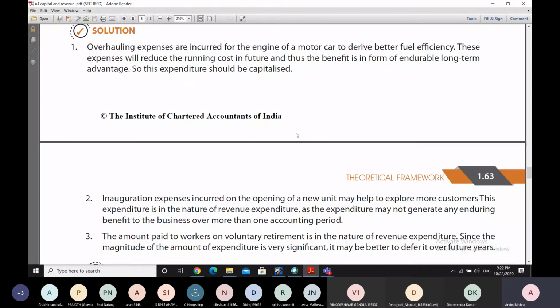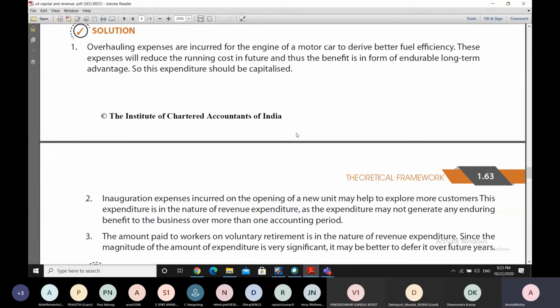But at the same time, the amount that is being paid on voluntary retirement takes into account that future benefits of a number of years are being allowed in one particular year itself for the workers. And therefore, whatever benefit is being given, that doesn't belong to only 1 year, it belongs to many years. And it is a large amount, so therefore we are treating it as capital.